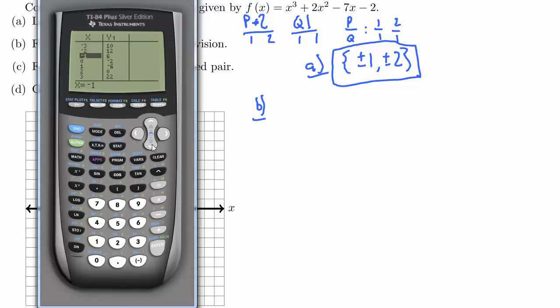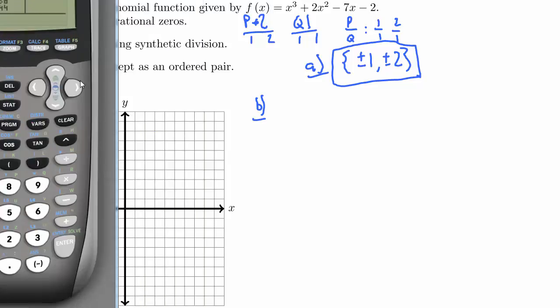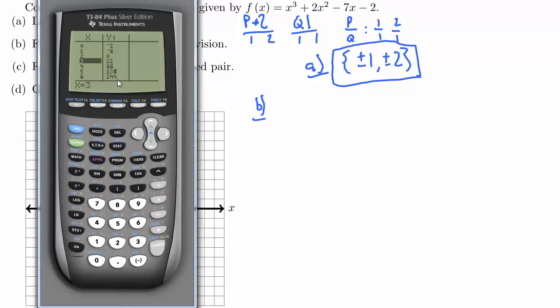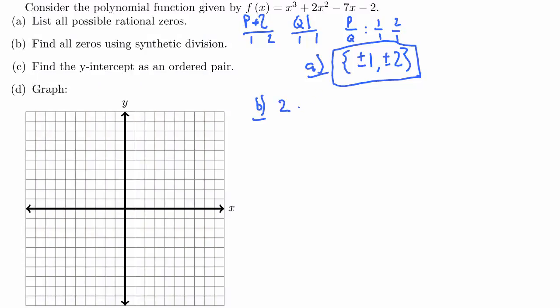Now notice here that I have a 0 on 2. Well, there you go. The only 0 I see here is 2, so I'm going to use 2.